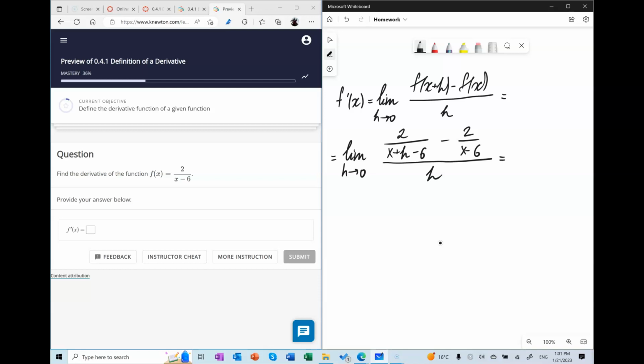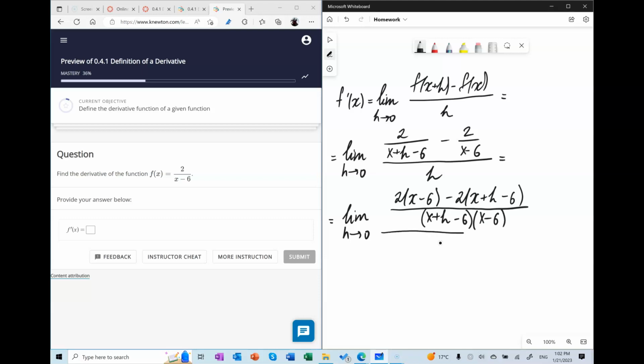And we have what's called a complex fraction, so we're going to write it as a simple fraction with one numerator and one denominator. So we have to find the common denominator, and it's an algebraic task which I don't really want to spend too much time explaining, but this is how we find the common denominator and subtract two fractions with different denominators.